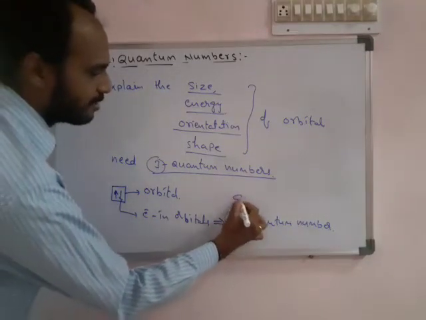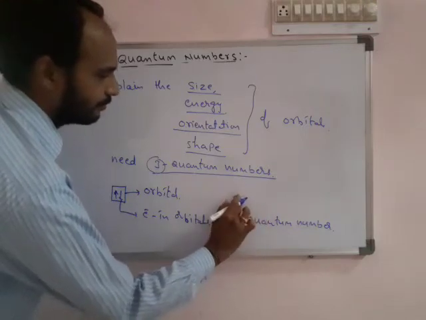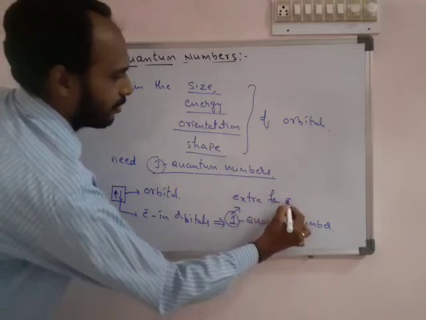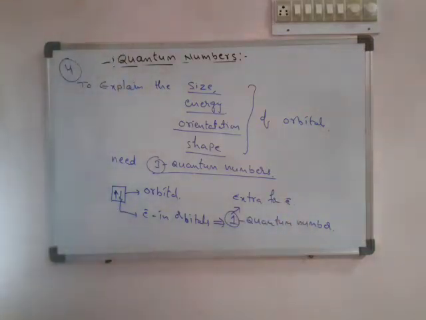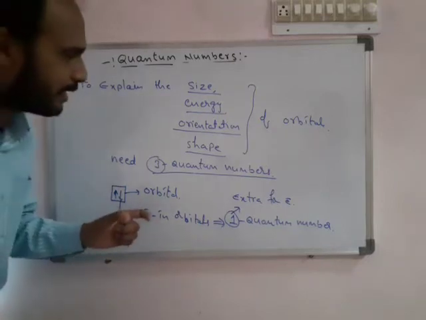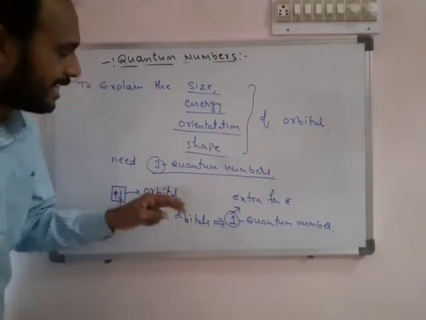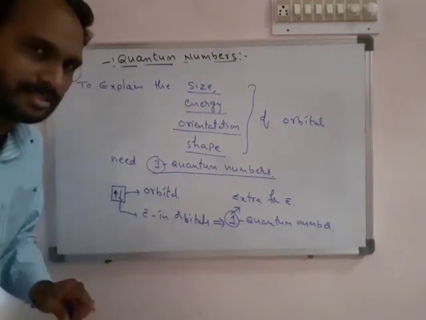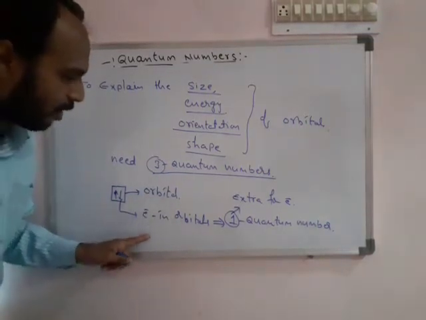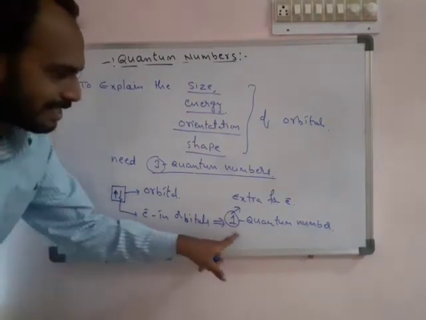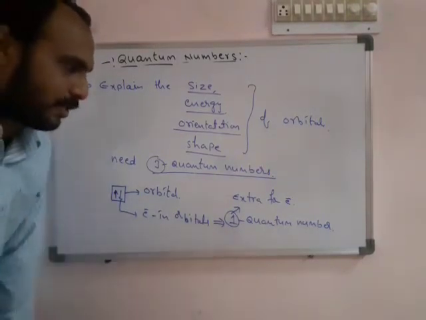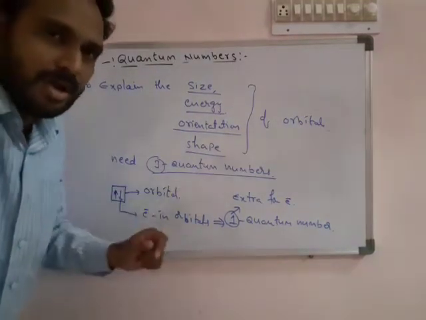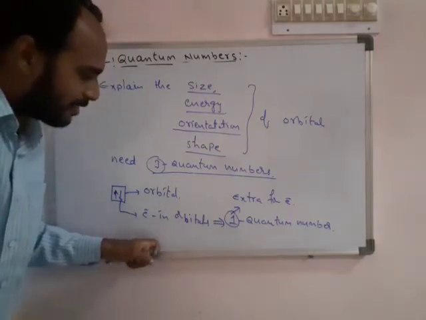To explain an orbital's shape, energy, orientation and size, 3 quantum numbers are necessary, that's it. But to explain the electron perfectly, it requires an extra quantum number. So what are the 3 quantum numbers for orbitals, and what is the extra quantum number for the electron?